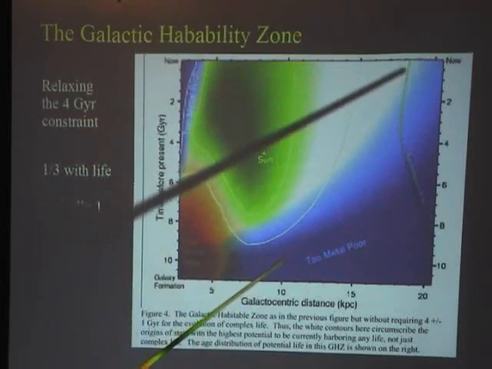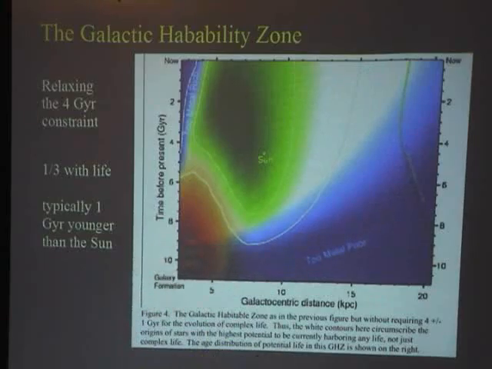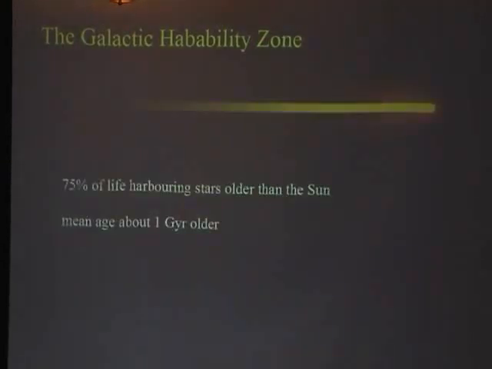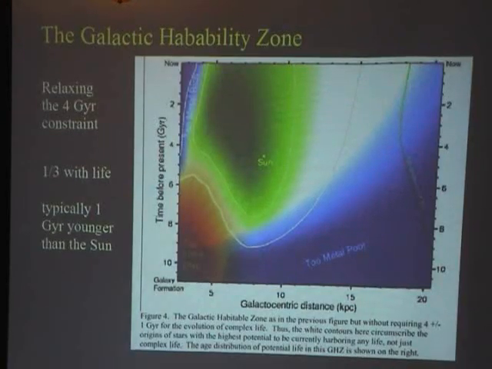And you will get an age distribution then which is much flatter. And in this case, you still get about 1 billion years age difference between the mean age of life-harbouring systems and our own. But now the other way around. Previously it was older, now it's younger. Oh, sorry, yeah, right, it's the other way around.